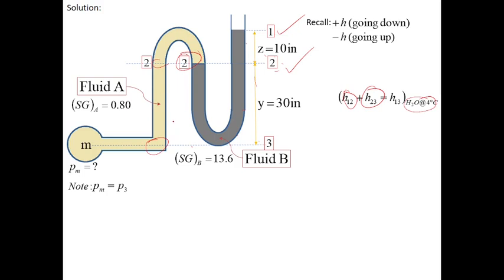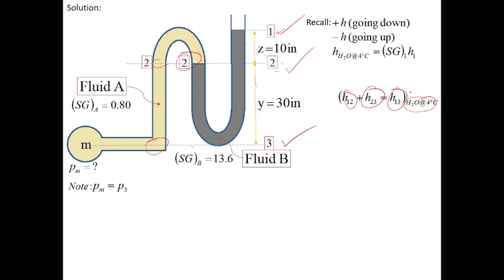So we add that, plus H23 in terms of height of water at 4 degrees Celsius, and we will end up with H13. So that is the height from 1 to 3.